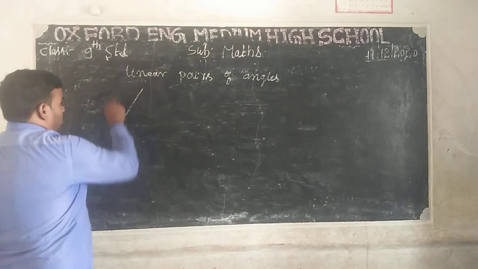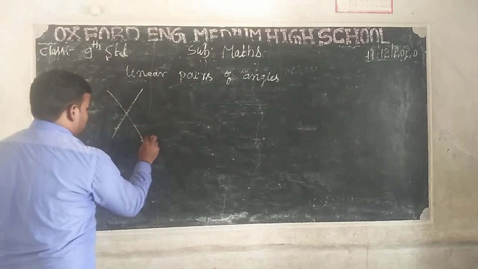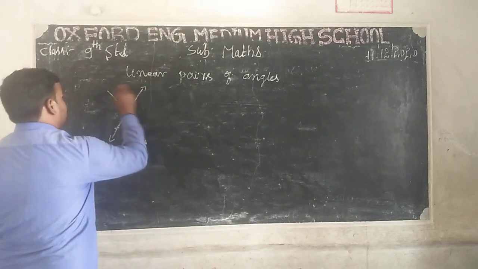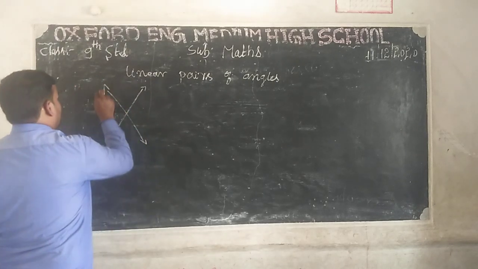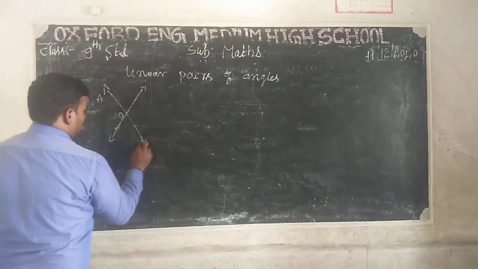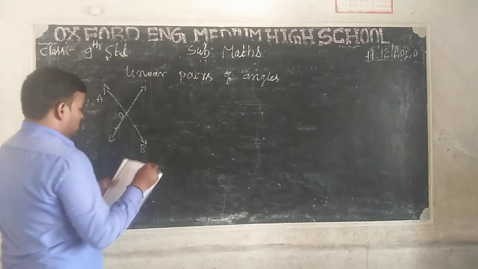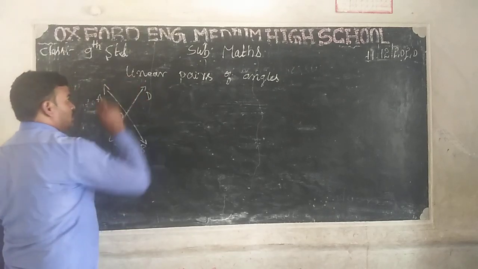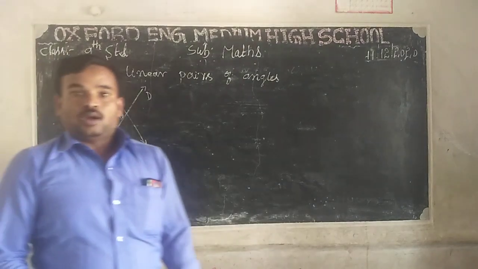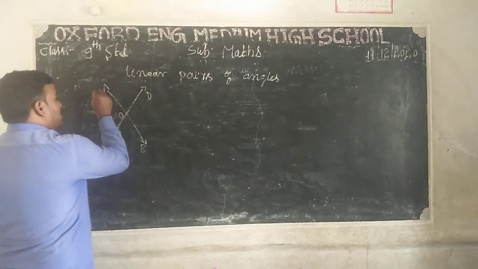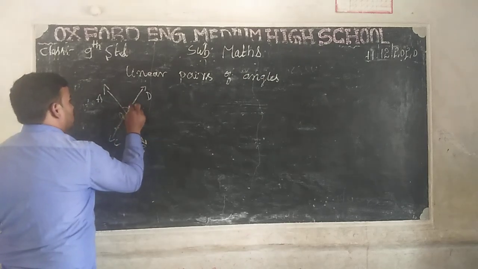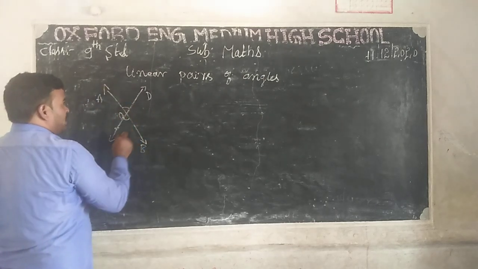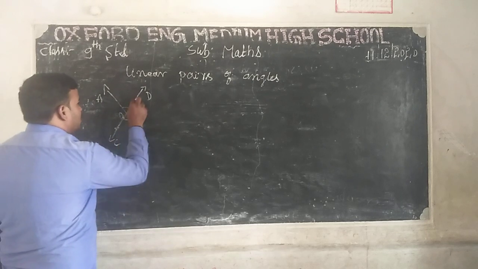If two lines AB and CD intersect each other, the vertically opposite angles, angle AOD and angle BOC, are equal, and angle AOC and angle BOD are equal.